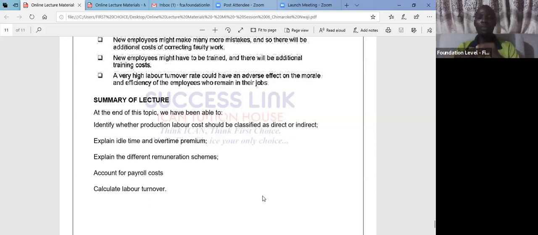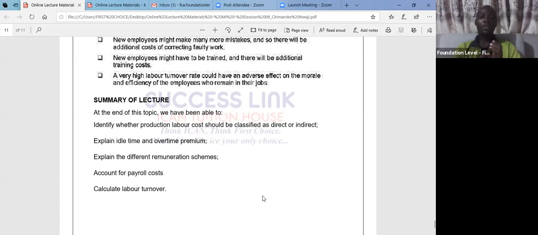We said idle time could be caused because of machine breakdown, waiting for deliveries to come. These are the frontline workers folding their arms, doing nothing. We are paying them direct cost, but that idle time should be taken note of specially to be charged as indirect costs.